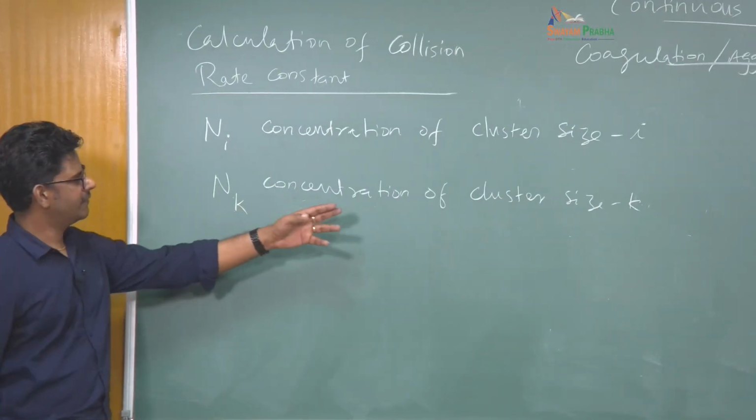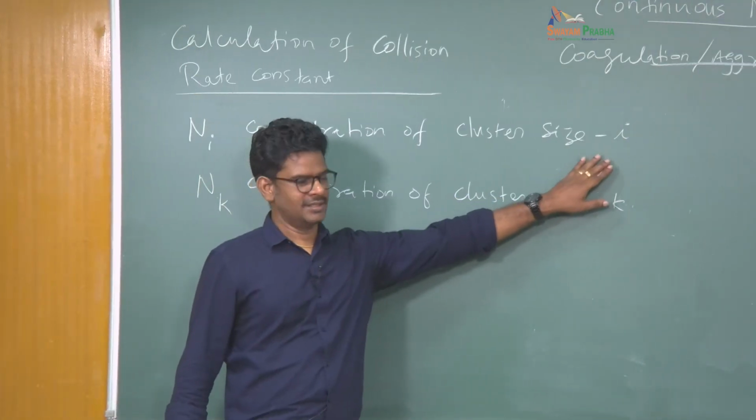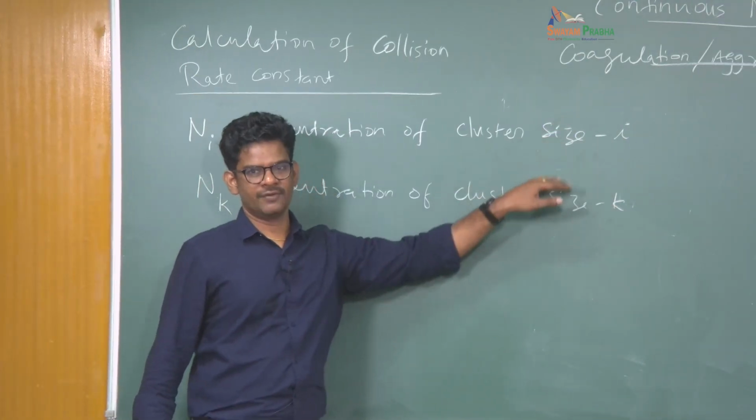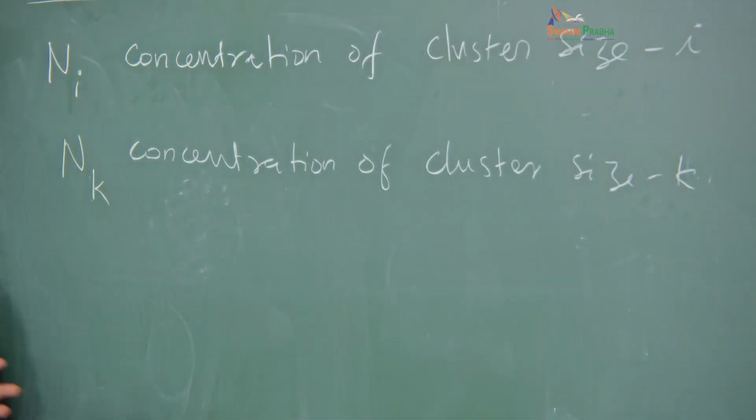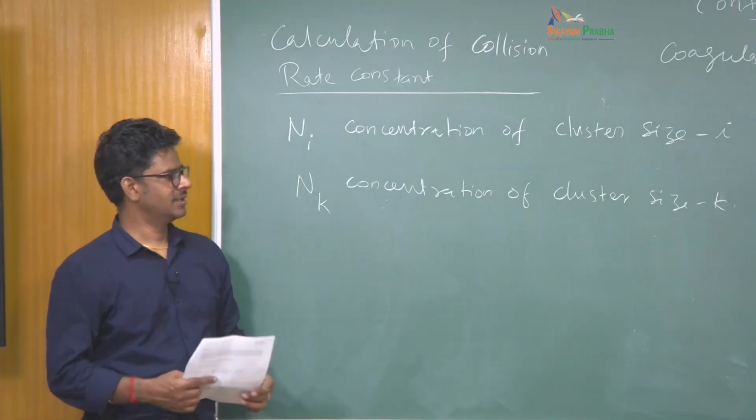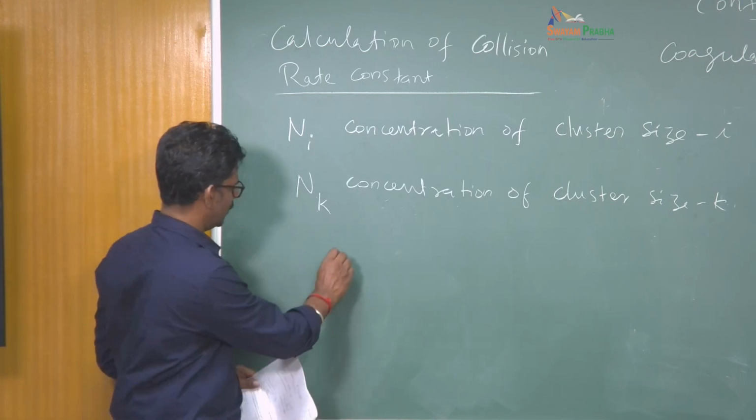So, let us say I have a cluster of size i and a cluster of size k, and the respective concentrations are Ni and Nk. Now, if you ask what is the rate of collision between these populations, that can be written more generally as the following.